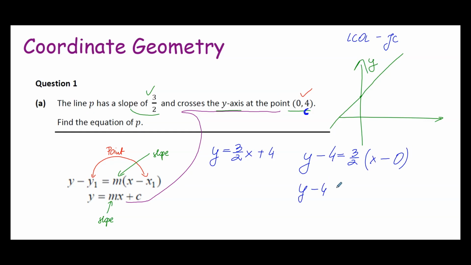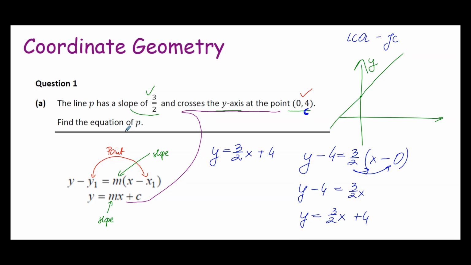Now here we do need to do a little bit of work. We need to multiply out the bracket, for sure. And then we have to decide what form our equation will have. We can move that 4 to the other side and change the sign, and as you can see, both answers are the same.